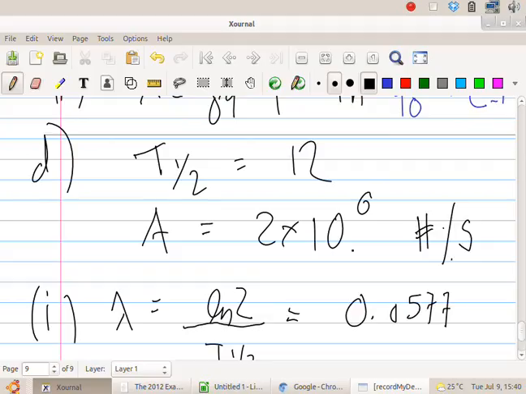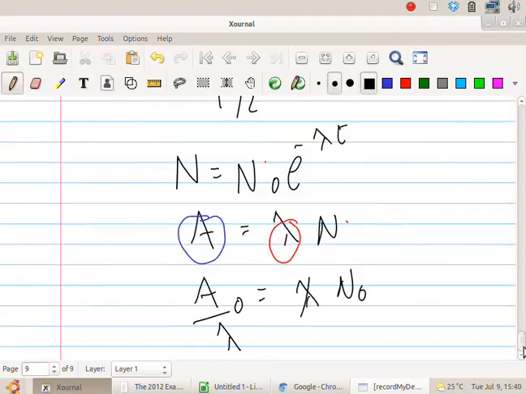So can you type that in? 2 times 10 to the 6 divided by lambda. It'll be 3.47 times 10 to the power of 7. Right, so now I know the N0.